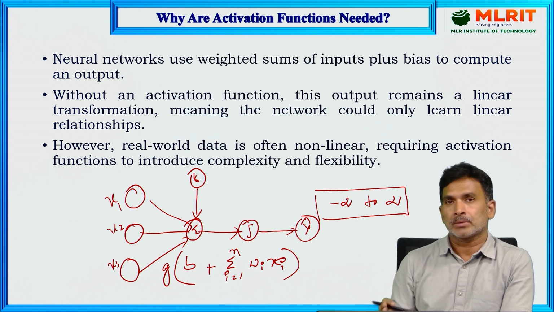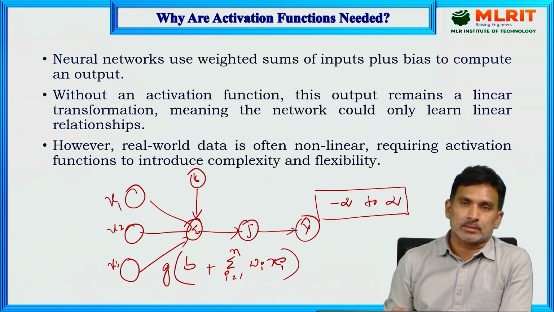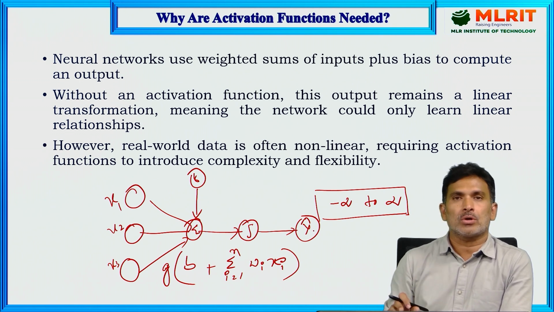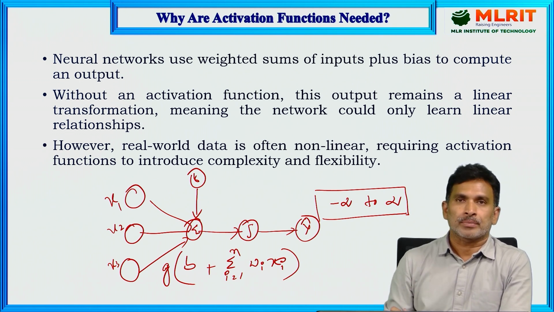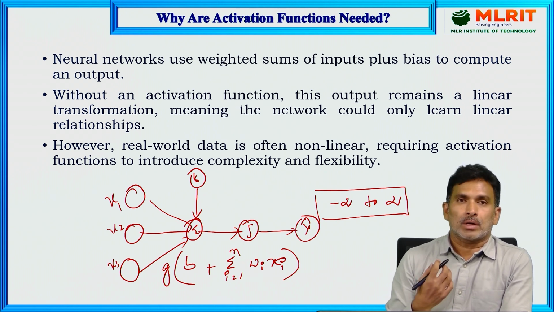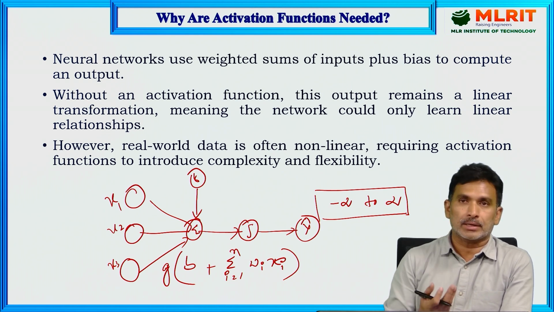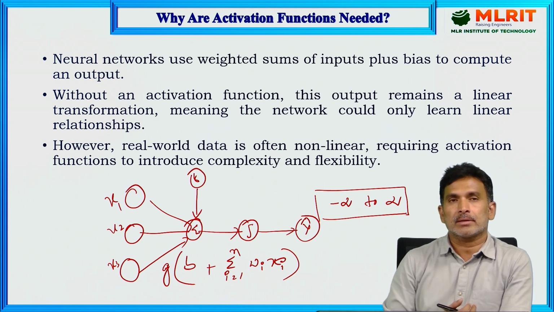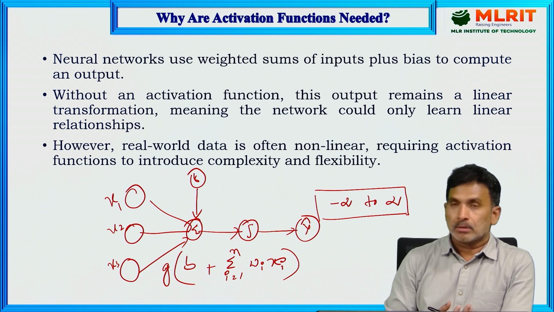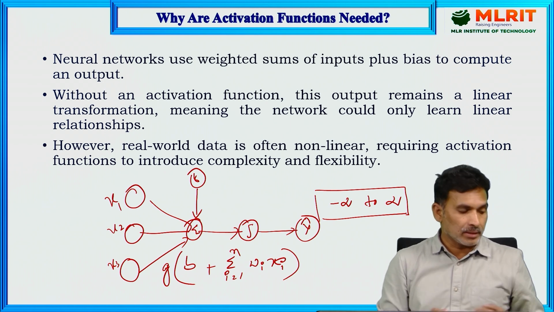So to control this output, that is, to produce a set of values, we need an activation function, to decide which neuron should be activated and which should not. That is the purpose of introducing the activation function in deep learning.